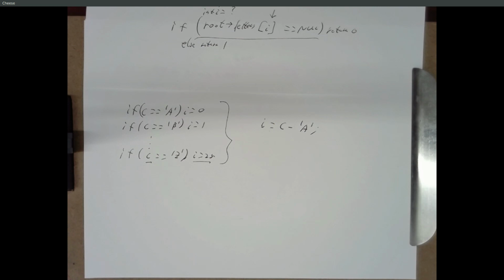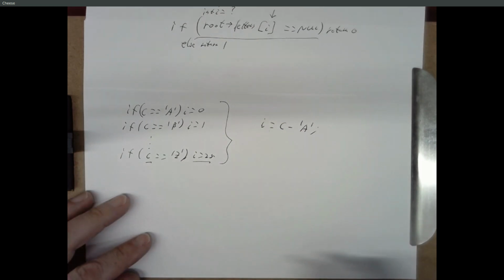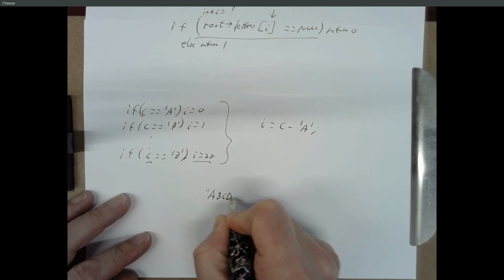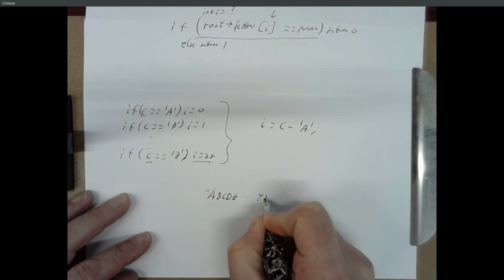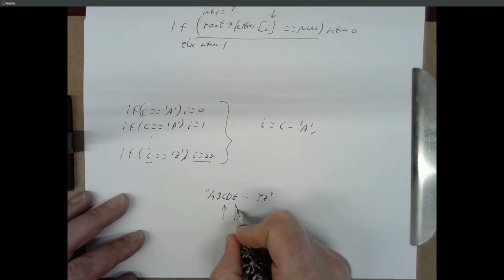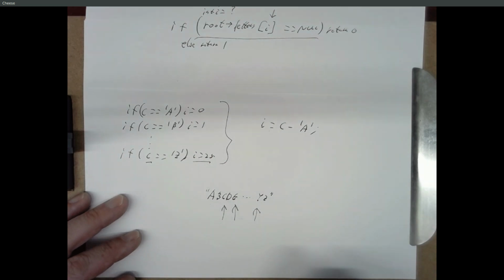If you didn't want to do that trick, if you don't want to trust ASCII codes, if you're living in this parallel universe that never invented ASCII codes, here's another thing you can do. You can make a string of your 26 letters, and now take your character C and try to see which one of these letters it's equal to.